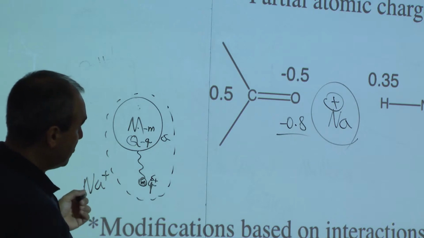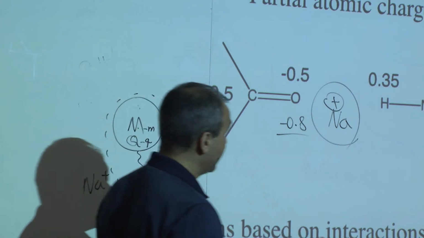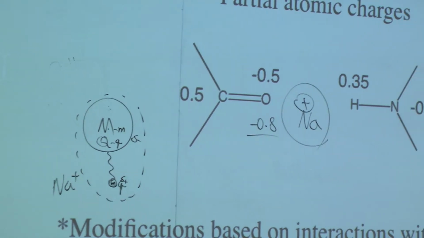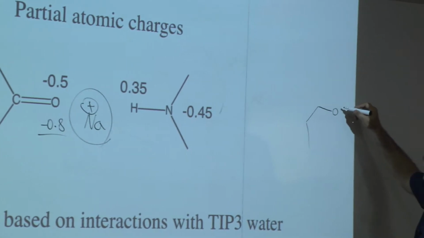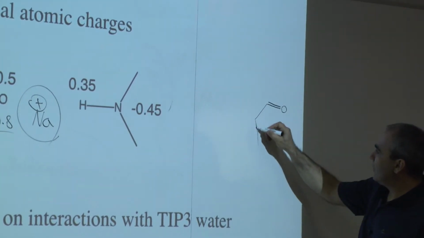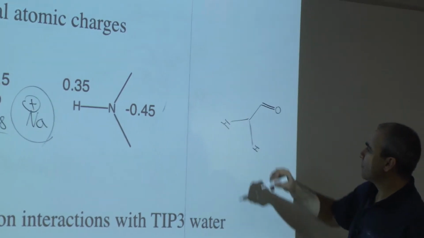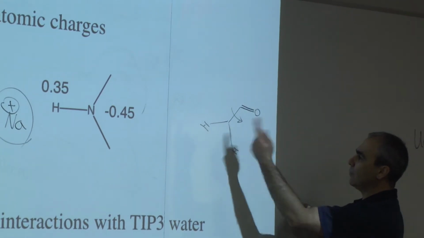So what are the other examples in which polarizability becomes an issue? The other example is the different conformations of your molecular system. So let's say I have something that has an oxygen here, for example a carbonyl group, and then I might have two hydrogens here. This is a free bond to rotate, so these hydrogens can keep rotating here.